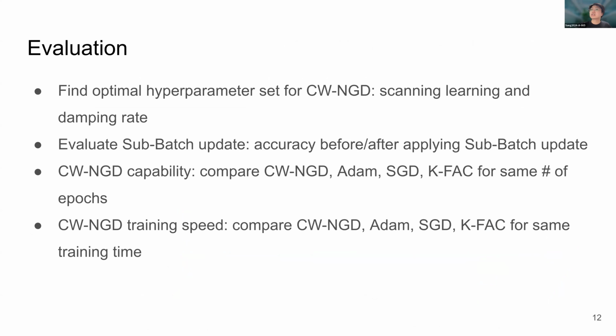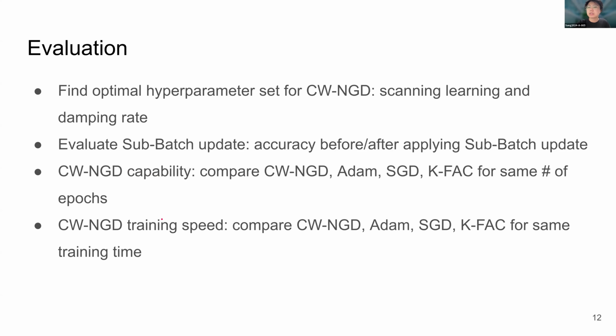So in the evaluation, I conducted several evaluations to find the optimal hyperparameter set for CWNGD by scanning the learning rate and damping rate. And I evaluated the sub-batch update by evaluating accuracy before and after applying the sub-batch update mechanism. And I conducted a cross-algorithm comparison between CWNGD and existing methods such as ADAM, SGD, and KFAC by the number of epochs.